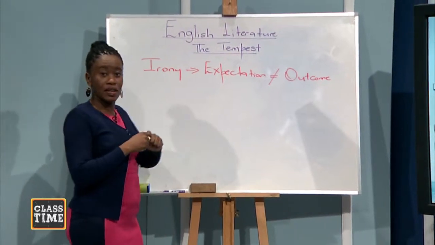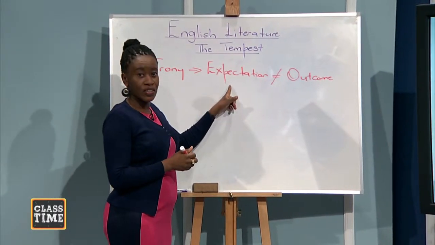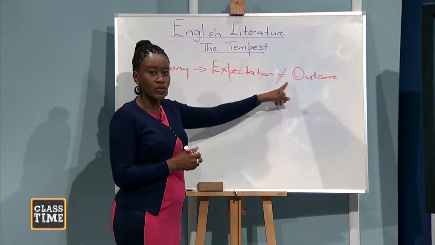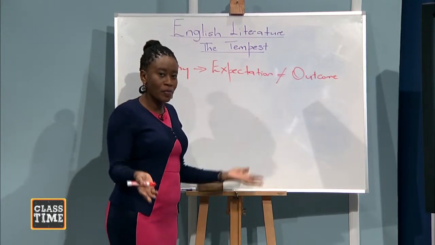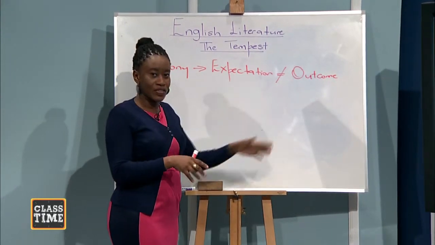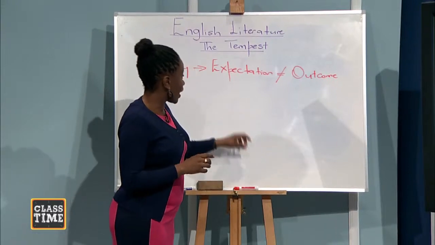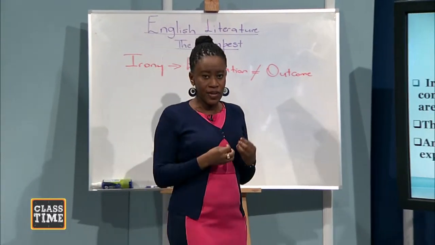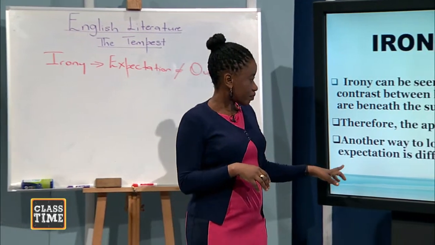All right, how do you read that in your maths class? Expectation is not equal to outcome. Am I brilliant or what? I just infused maths into the literature class. Oh, wow. All right, so expectation is different from outcome.